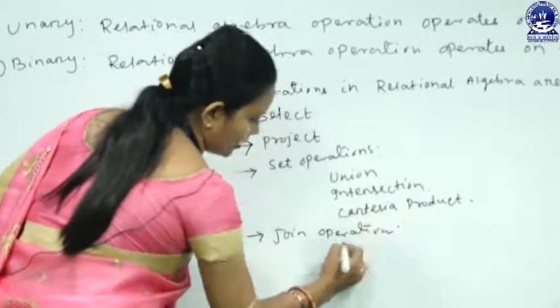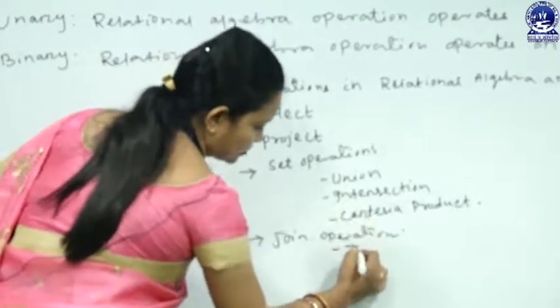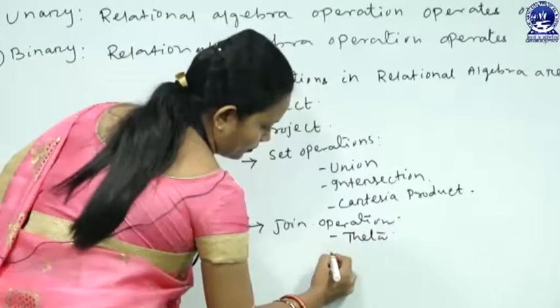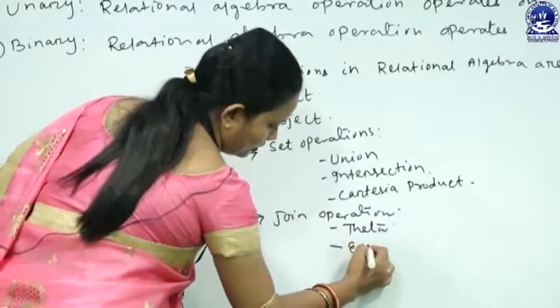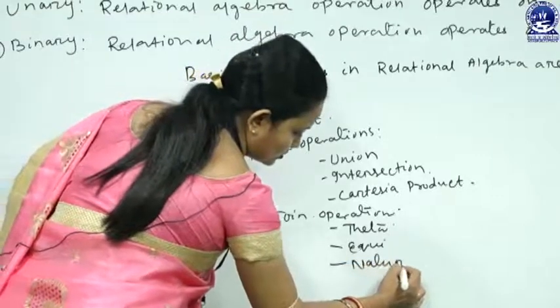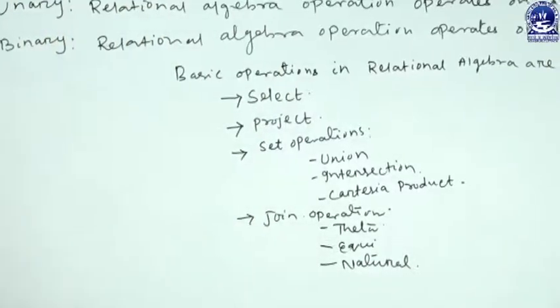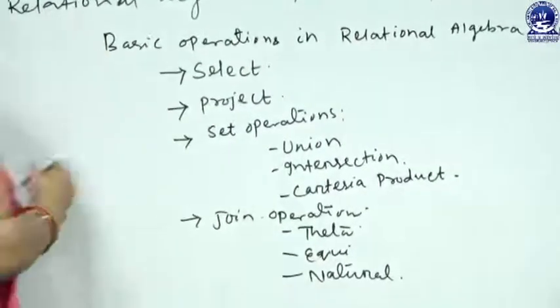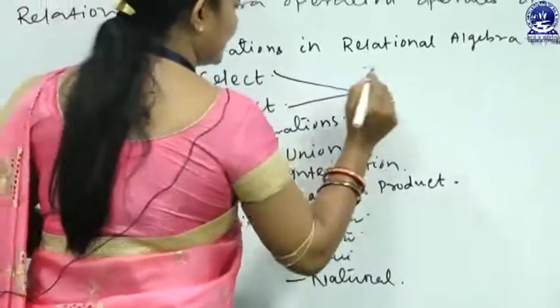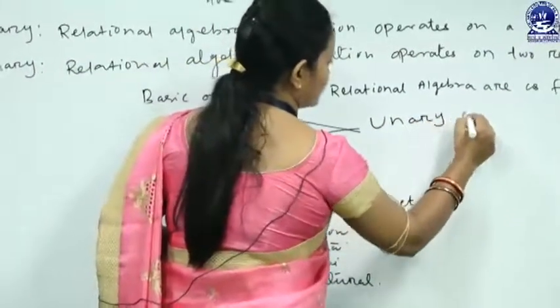This join operation is also categorized as theta join, equijoin, and the last one is natural join. Okay? So, from these basic operations, the first two, that is select and project, are the unary operations.